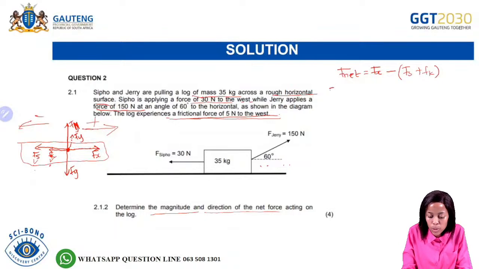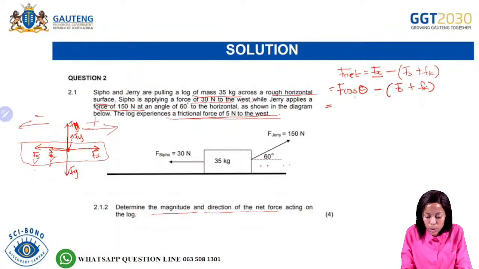So from here, what are we going to have? We need to break down the Fx. When we break it down, it becomes F cos theta minus Fs plus Fk. So what force do we have for Jerry there?